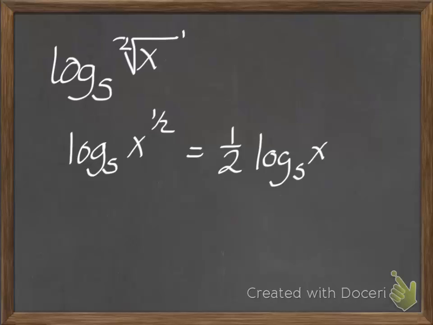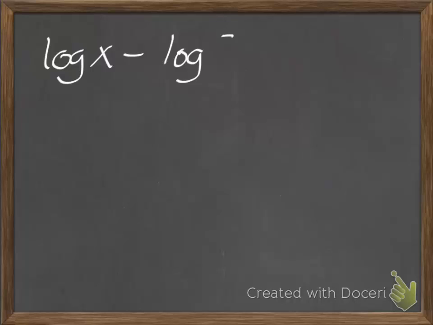So a lot of times people don't see what they can do here, but remember, anytime you have a radical, that is a fractional exponent. Convert it to power over root. So that may be something you'll be using tonight or this week. So keep that in mind. Okay. So let's say I give you log base 10 of x minus log base 5, and I ask you to condense it.